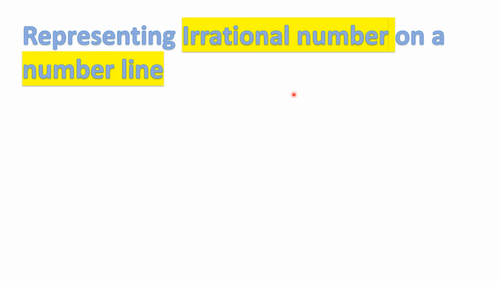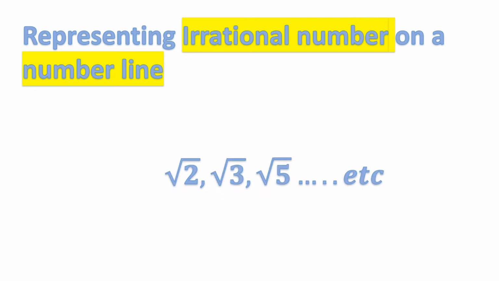And I've already taught you in the class that we can find irrational numbers by taking the root of every number, right? Root 1 is 1 itself, so it's not irrational, right? Then we can find root 2, root 3, root 5, root 7, root 8, etc. All these are irrational numbers, and we have seen this in the class already, right?